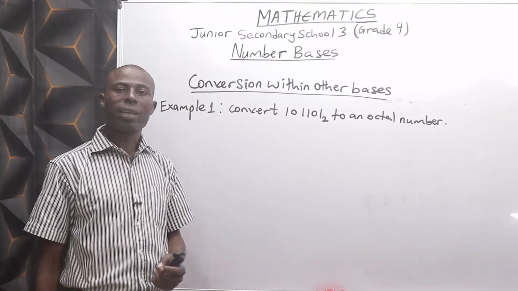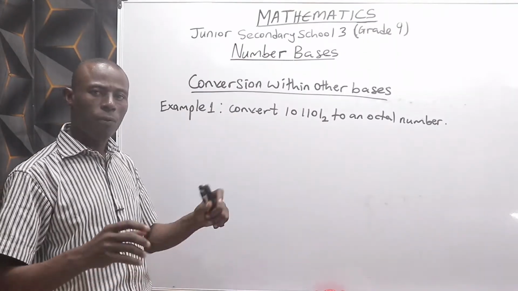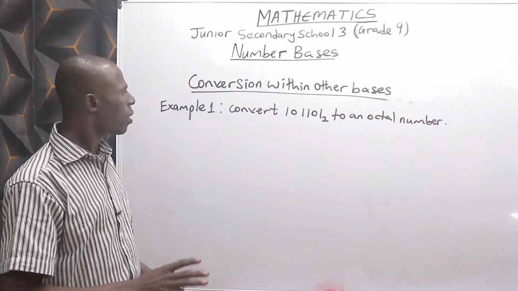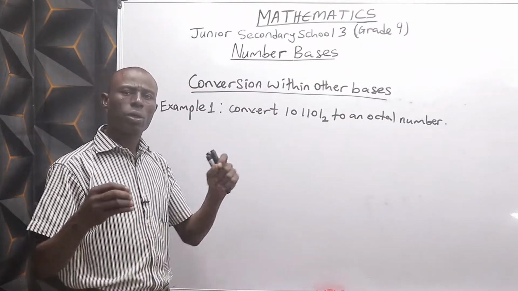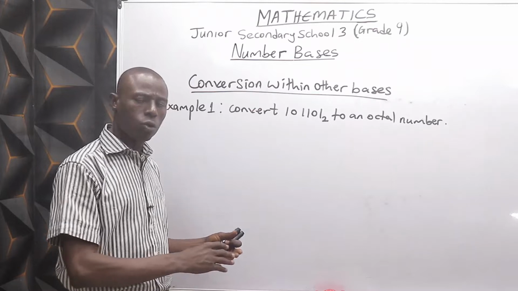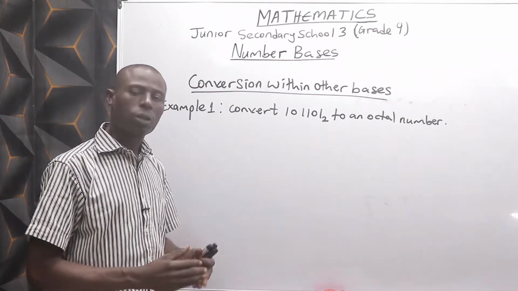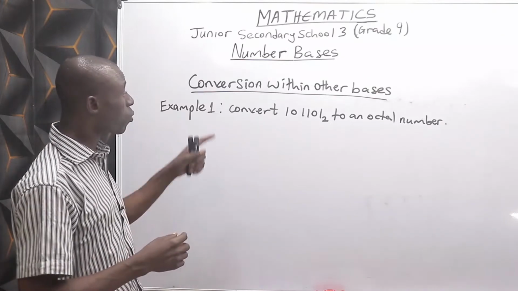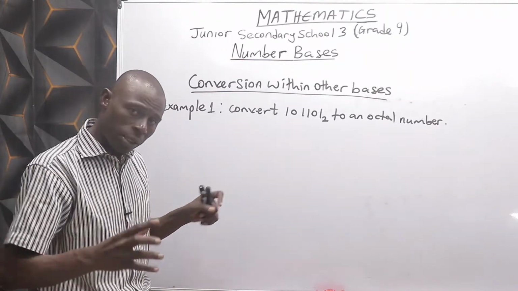We come to the last aspect of conversion in number base as far as your level is concerned. That is conversion within order bases. You have learned how to convert from base 10 to order bases. You've learned how to convert from order bases to base 10. Now it is time to learn how to convert within order bases.